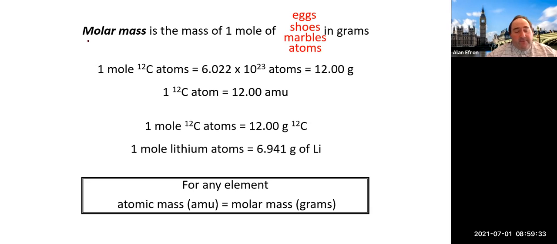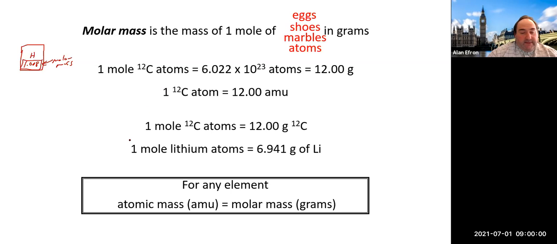It is also the number that we see on the bottom, where we just talked about atomic mass. So again, this number right here is the molar mass. Now you may be saying, wait, wasn't that the atomic mass? And it is the atomic mass, but it's also what is referred to as the molar mass as well.